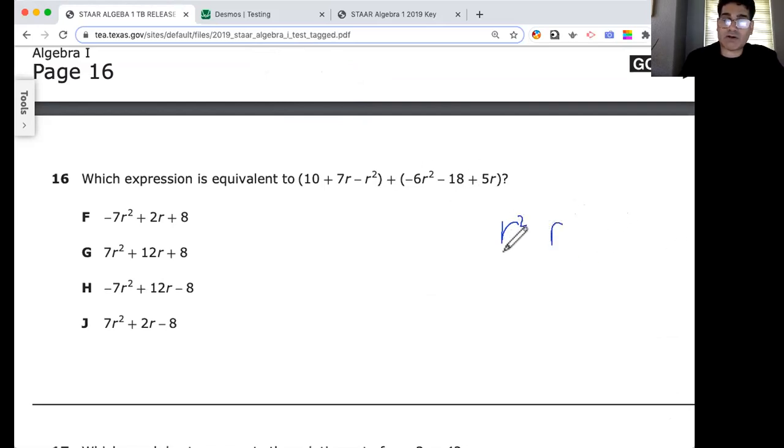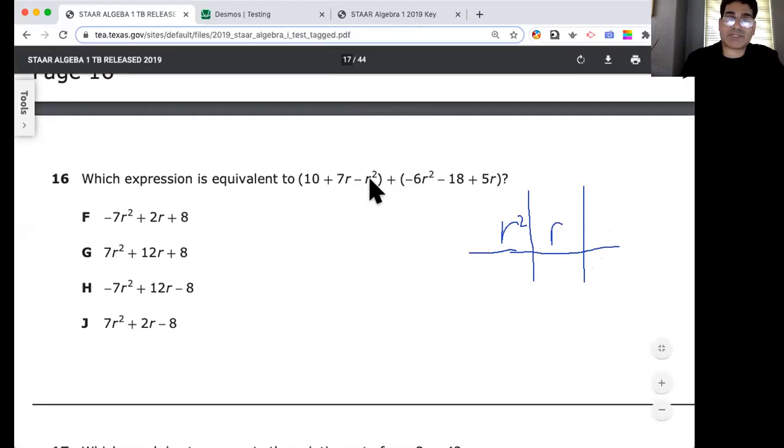So we have some number of R squares, and let's make a little grid. We have a number of R's, and we have some kind of whole number. So let's combine these terms, and let's use Desmos to do it, since we have that fantastic calculator to help us with the basic math.